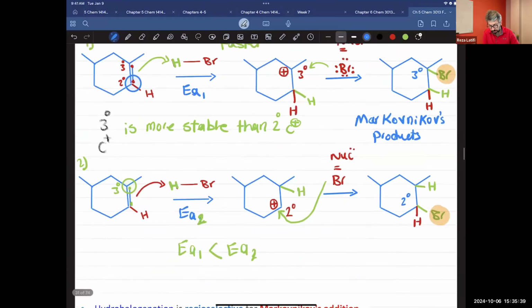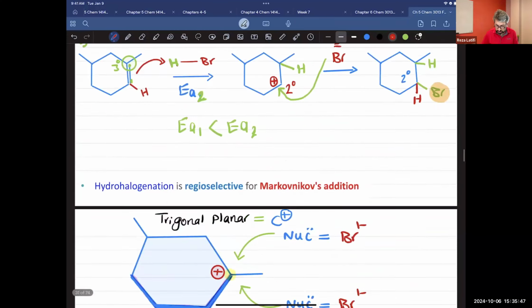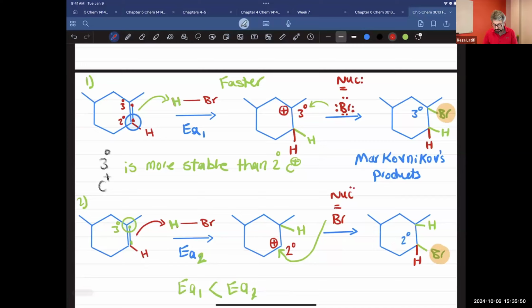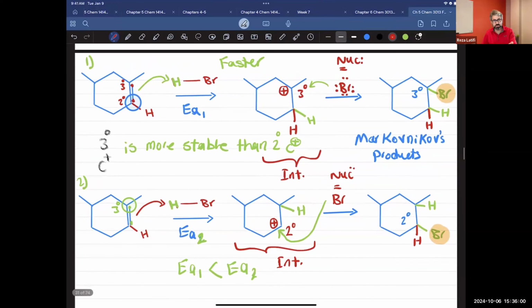Now, whenever you add the H, you're gonna get a carbocation. Remember, we got the carbocation, or we got the intermediate. This part we call an intermediate. We said the tertiary intermediate is more stable than the secondary.